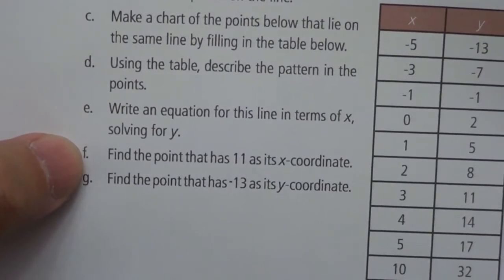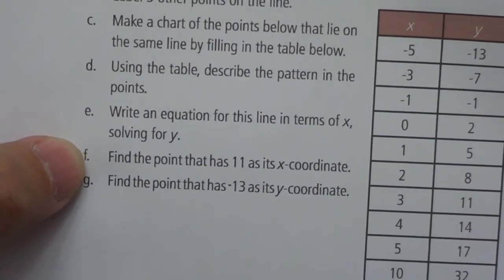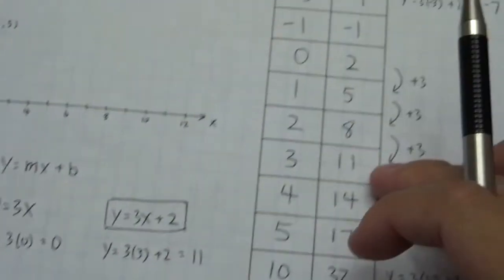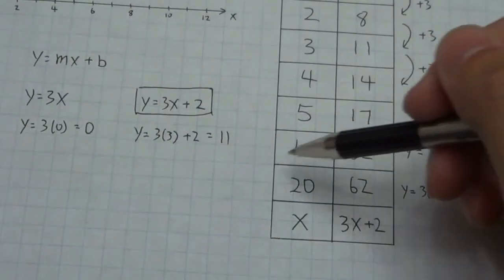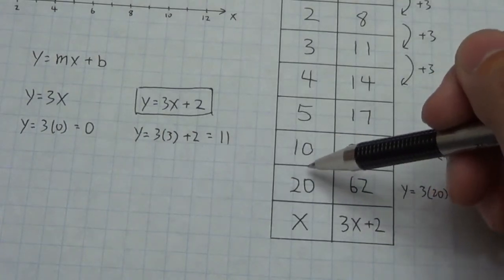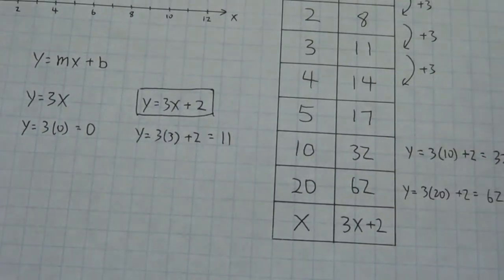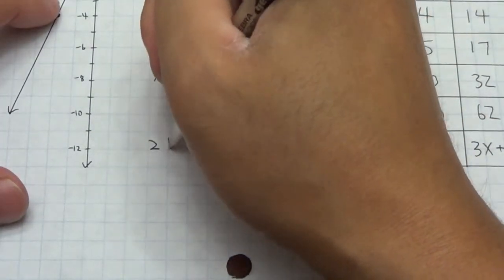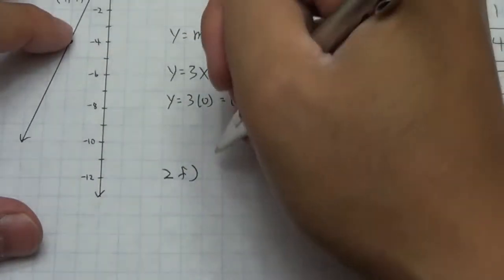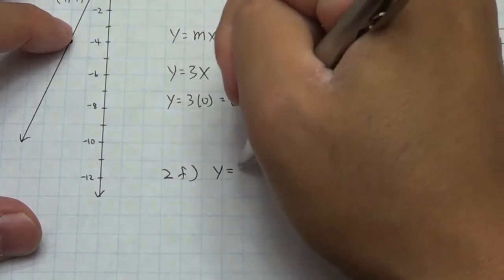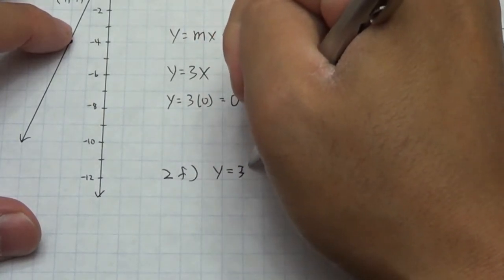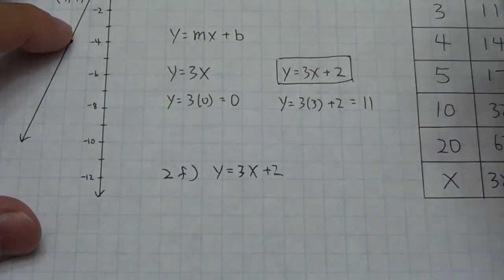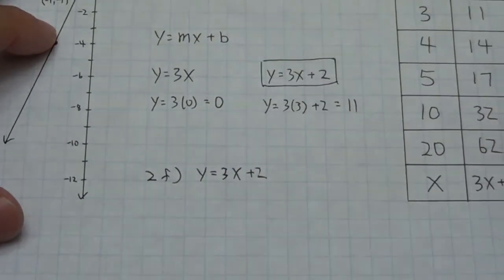2F, find the point that has 11 as its x coordinate. Meaning in our table, somewhere in between here, if x is 11, what would y be? We can just plug that into our equation. So 3x plus 2 is the equation or function of this table.